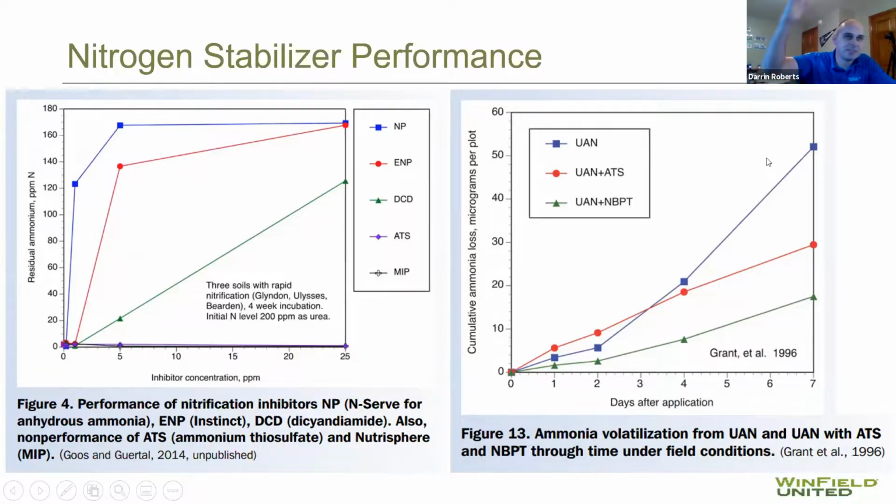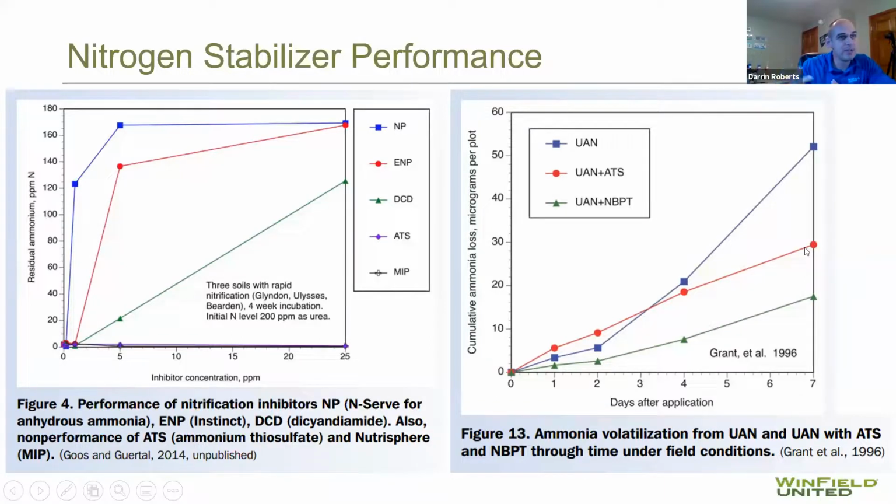On the flip side over here, this graph on the right with the UAN application, the high numbers are bad. And so with UAN, not stabilized, we lose a pretty decent amount of that nitrogen that was applied. We roughly cut that in half or so by including ATS.